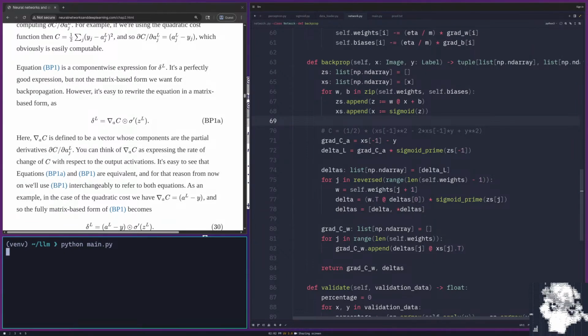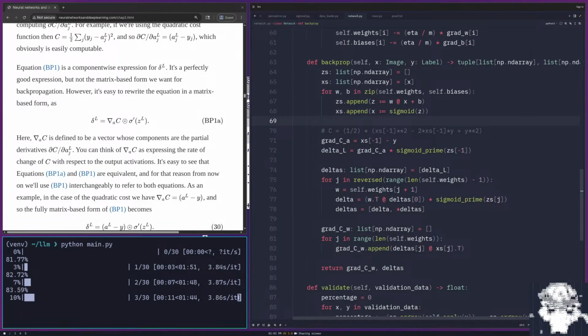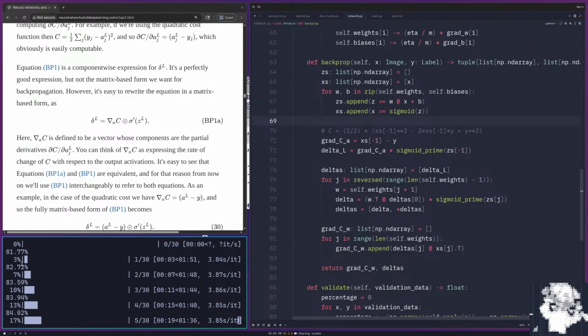Can you do a walrus operator when you're not defining a variable for the first time, but you're reassigning it? Yes, because this is still working. Okay. It's interesting that we only jumped to 81 when before we could jump to 90 on the first iteration. But that's not because of this, that's just because of randomness.